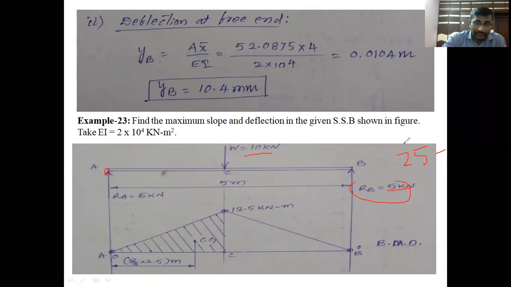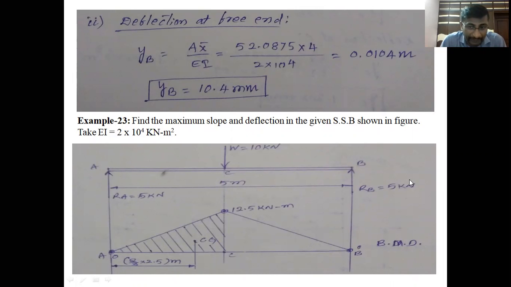Minus 10 kilonewtons is also there, the 10 kilonewton load, which is acting at a distance of 2.5 meters because it is acting at the center of the beam. It is a clockwise moment, so negative. So 25 minus 10 into 2.5, which is also 25. 25 minus 25 is 0. So the bending moment at point A is 0. Clear, students? Like that, you have to draw the bending moment diagram, which looks like a triangle.